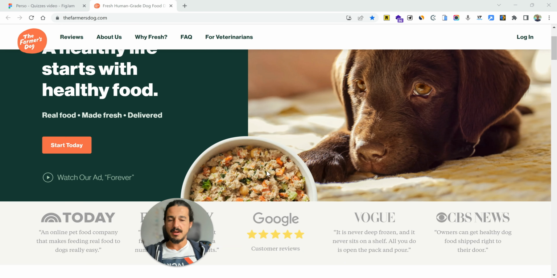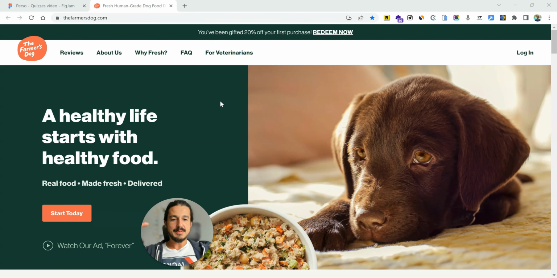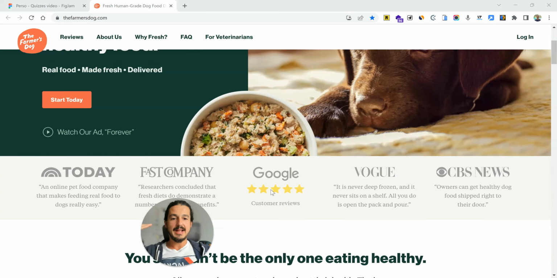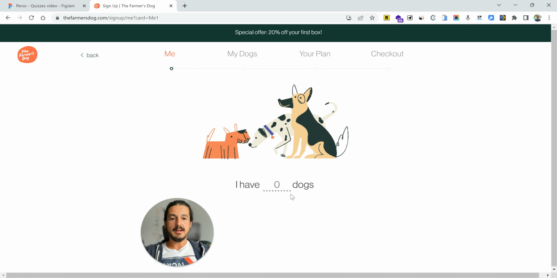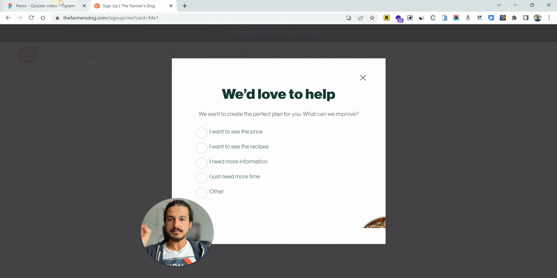The Farmer's Dog, for example, I'm not going to go through the quiz, it would be too long for this video, but that is basically a unicorn. They are valued at more than $1 billion, and they sell dog food, everything through a quiz. You go there, then you follow some steps that ask you for some information, and then you get a recommended offer for you.